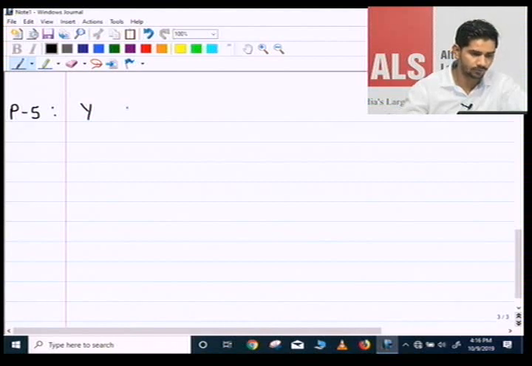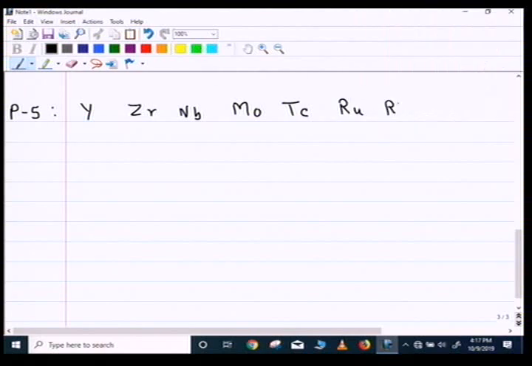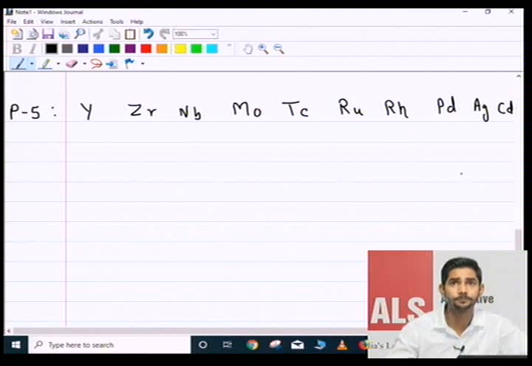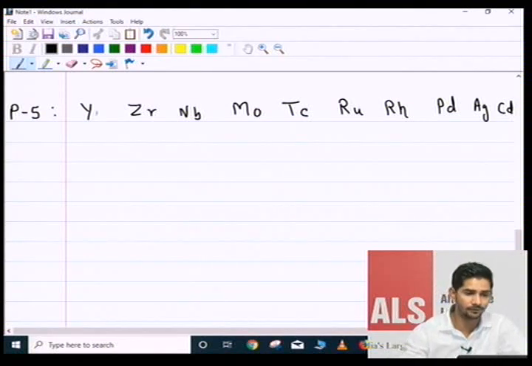Yttrium, zirconium, niobium, molybdenum, technetium, ruthenium, rhodium, palladium, silver, and cadmium. Okay. So these are the elements which are present in period number 5.